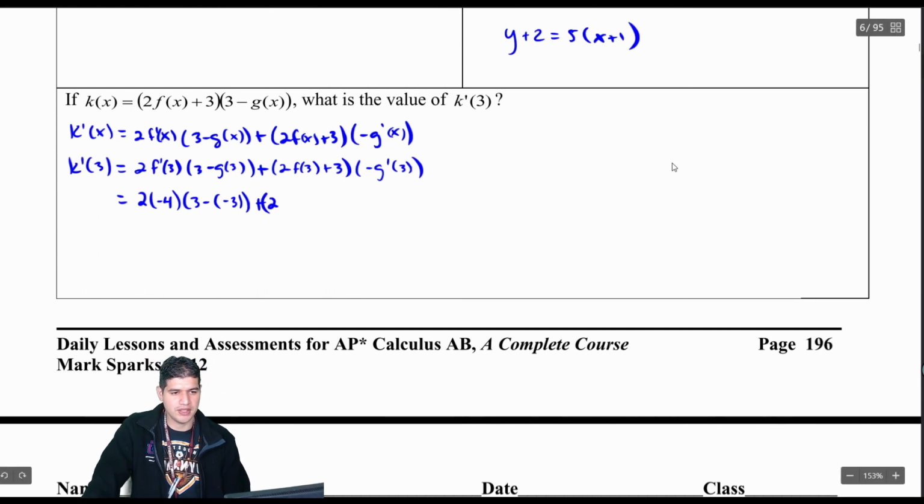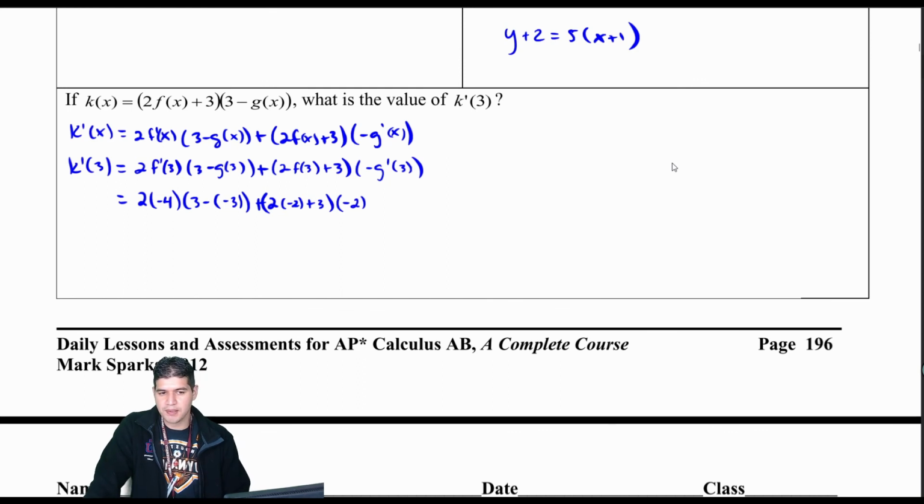Oops, and need a parentheses there. So f of 3, you get that from your table. You get negative 2 plus 3. And then you get times negative g prime of 3, and g prime of 3 is 2 from your table.